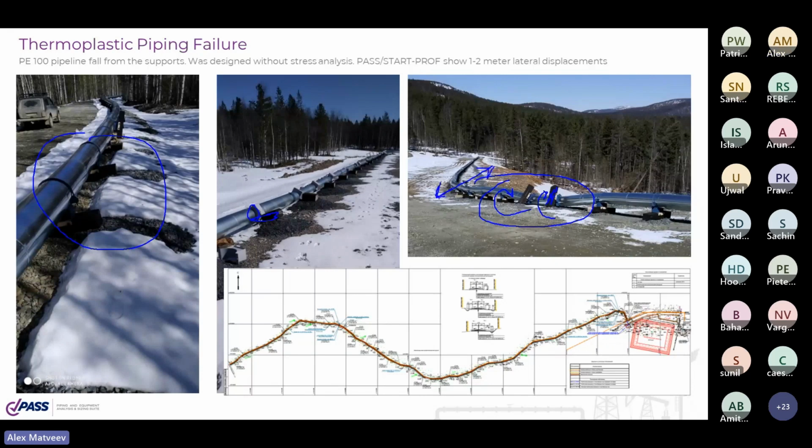So when it's cooling down, it moves there. When it warms up, it goes there, and it is always moving in both directions several times per year for the maximum displacement of 1 meter. So this is the problem. It should be redesigned. All supports should be changed to another one.